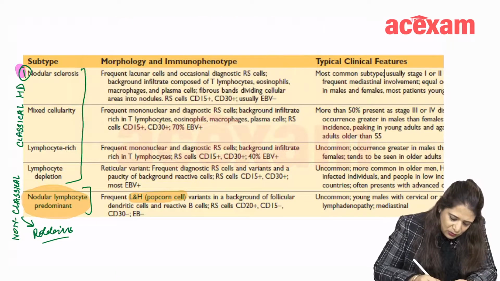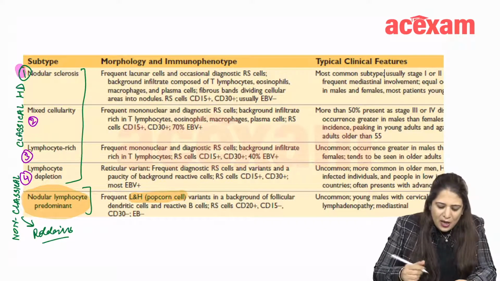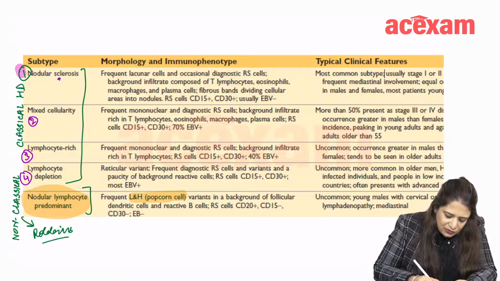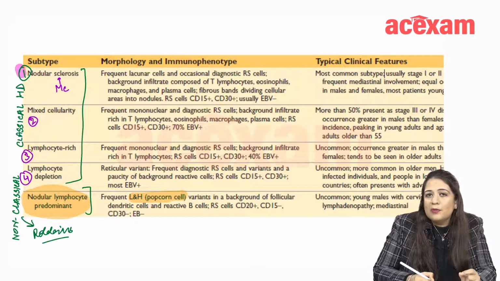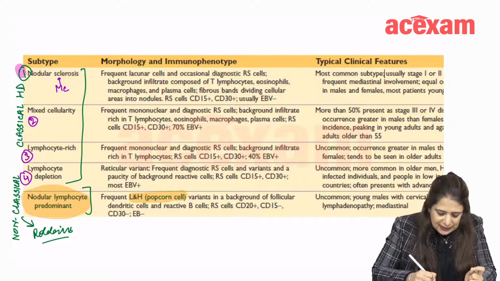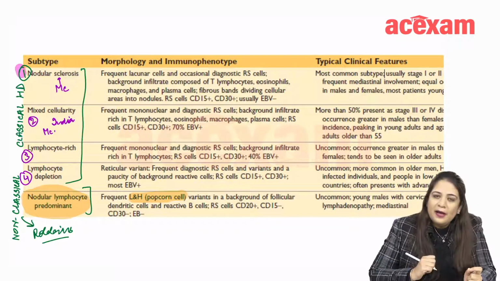Then you have mixed cellularity, lymphocyte rich and lymphocyte depleted. Nodular sclerosis is actually the most common type of Hodgkin's lymphoma worldwide. But if the question is which is the most common Hodgkin's lymphoma variant in India, it is mixed cellularity.